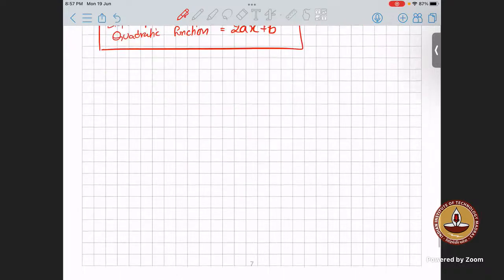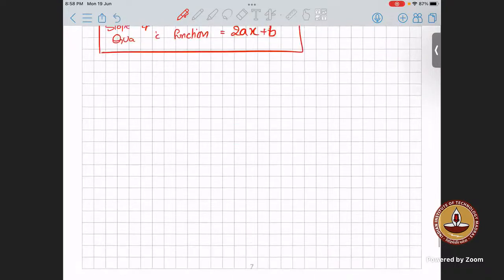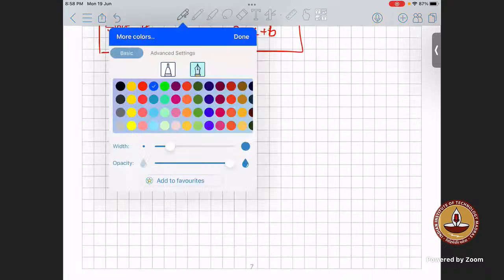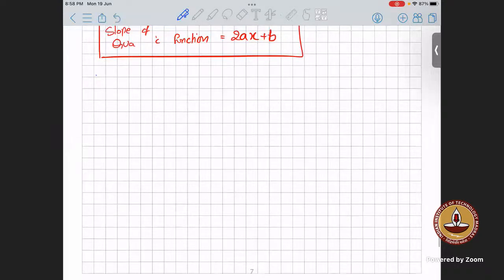Now let's go to a question. Find the slope of the parabola y equal to 3x square plus 4x plus 3.